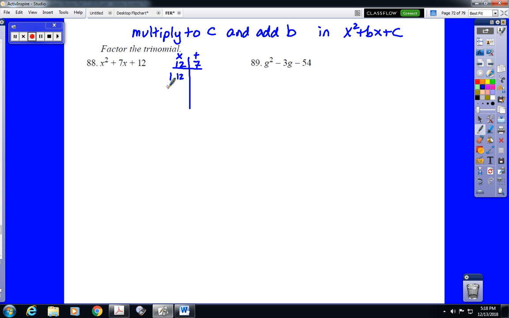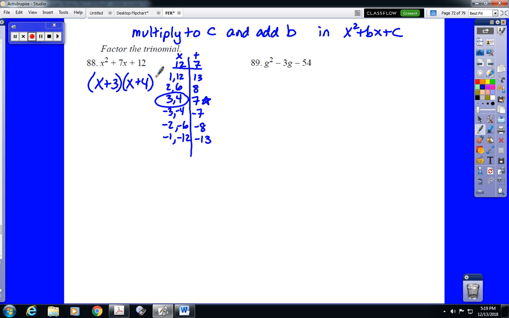Well, let's look at all of our options, even though most of us can come up with it immediately. There are a total of 6 number pairs that multiply to equal positive 12. And if we add all of those up, only one of them adds up to positive 7. So we would use 3 and 4. When a equals 1, we simply write those two numbers in our factors. So we would have x plus 3 and x plus 4.